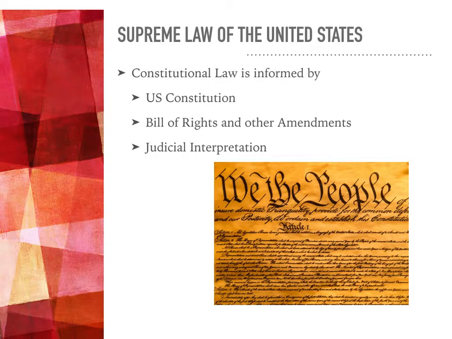So constitutional law is actually a very broad construct that goes far beyond just the document of the Constitution. Constitutional law includes the Constitution, the Bill of Rights, and other amendments, along with judicial interpretation by the U.S. Supreme Court and with other federal and state judges.